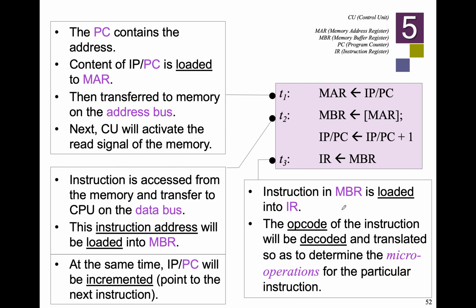In T3, the instruction in MBR, the value here, is loaded. You're going to put it into IR. Last time it was 10, right? So similarly, you're going to put 10 inside your IR.